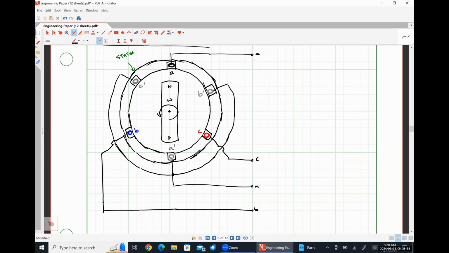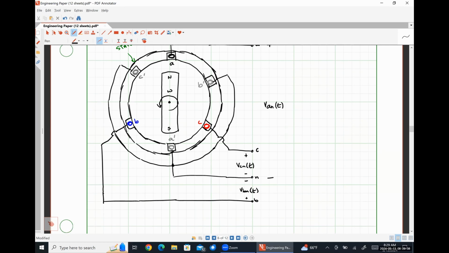So I'm going to put a voltage here between my A terminal and my N terminal, and I'm going to call this voltage VAN of T. We're going to see a similar voltage between my B terminal and my N terminal that I'm going to call VBN of T. And we'll have a voltage between my C terminal and my N terminal that I'm going to call VCN of T.